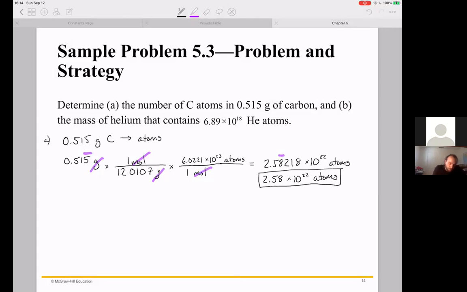Okay, and what you want to try to do is get in the habit of doing this calculation in your calculator all in one shot. So do 0.515 divided by 12.0107 times 6.0221 times 10 to the 23rd, all in one.